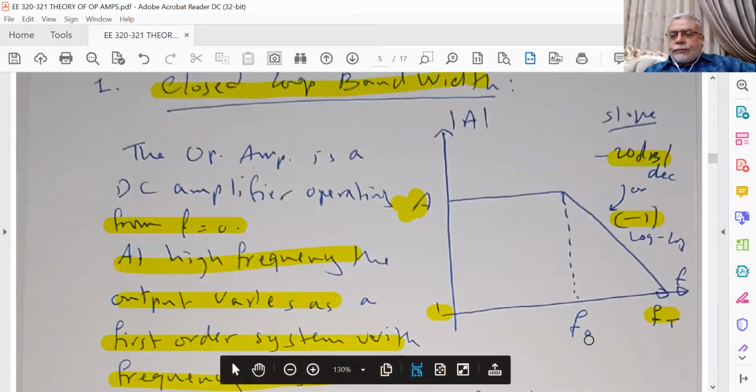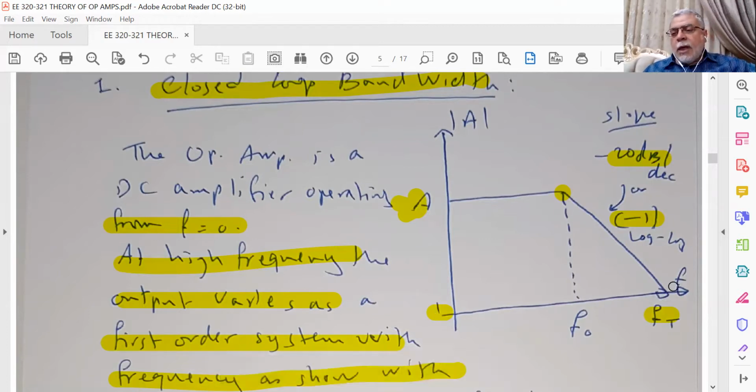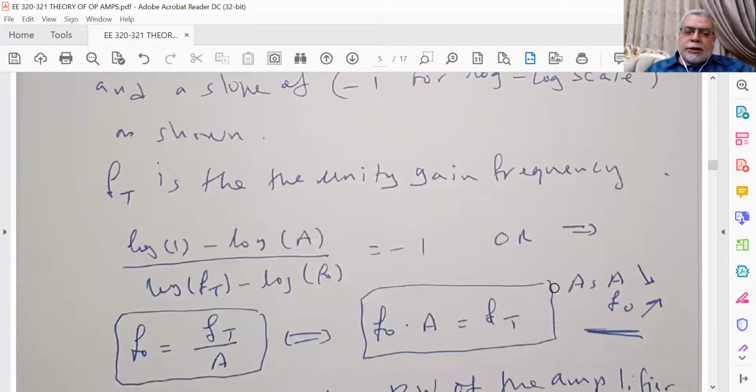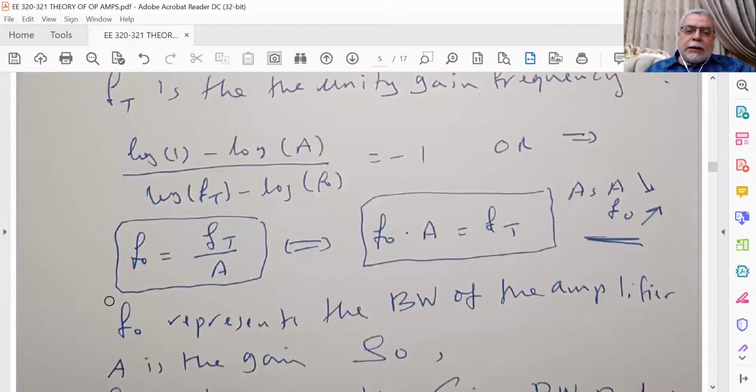So here we have the log of 1 minus log of A, divided by log of ft minus log of f node, equals minus 1. This is the slope of this straight line. Arranging this expression, we get f node equals ft divided by A. F node, the upper cutoff frequency of the circuit, equals ft divided by A.